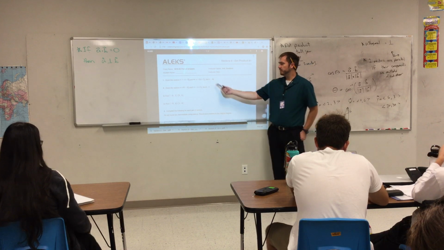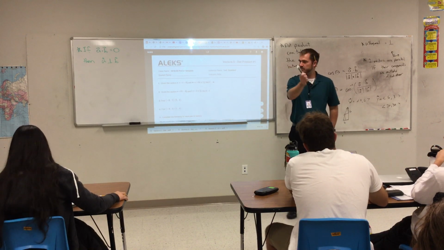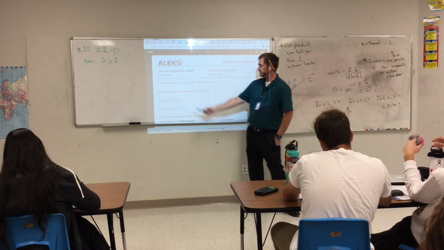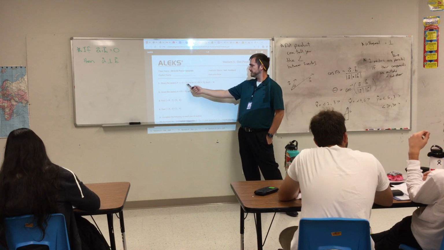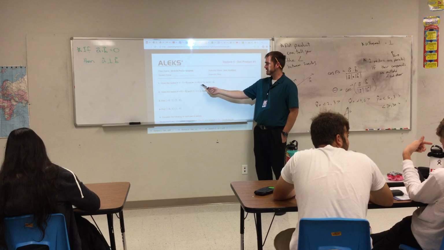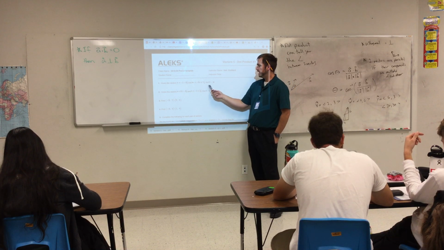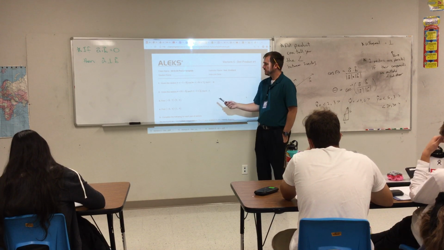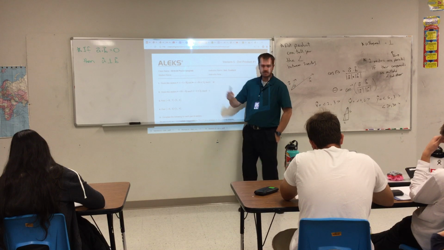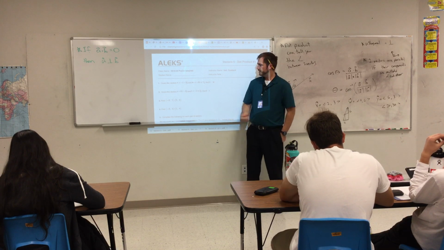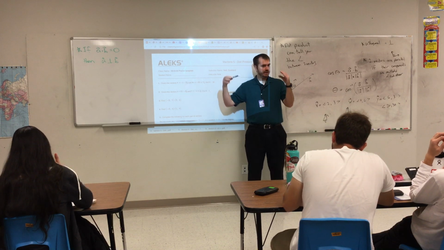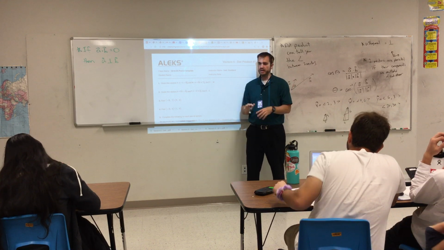All right, so here we go. Number 1, given the vectors v, negative i minus 8j, and w, negative 6i plus 5j, find v dot w. Well, you're like, oh, Mr. Goddard, it's not in component form, it's not in the angle brackets. Okay, big deal.